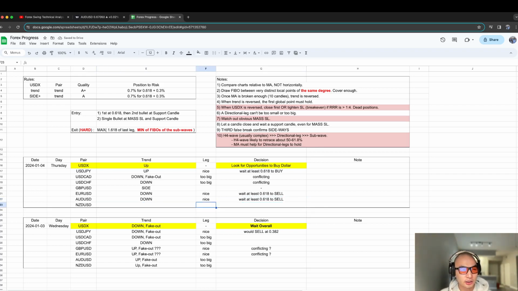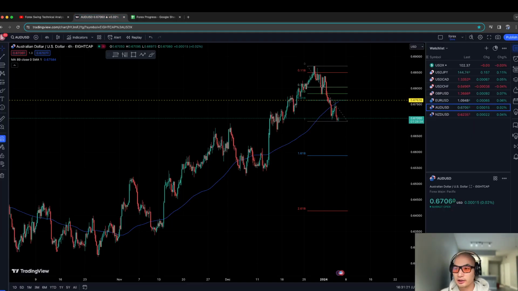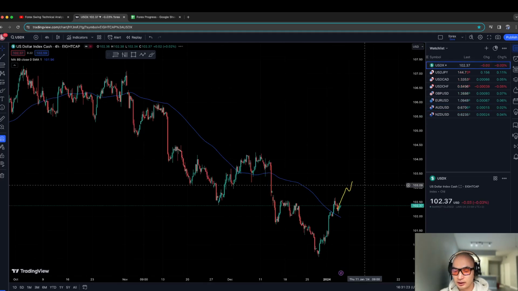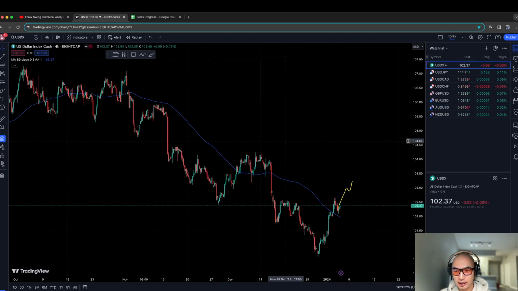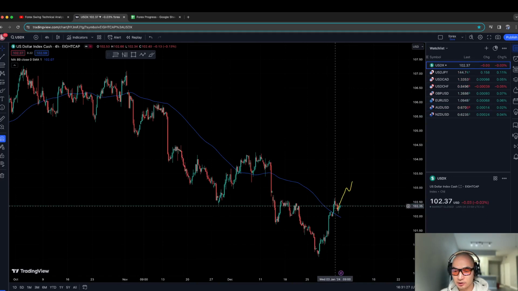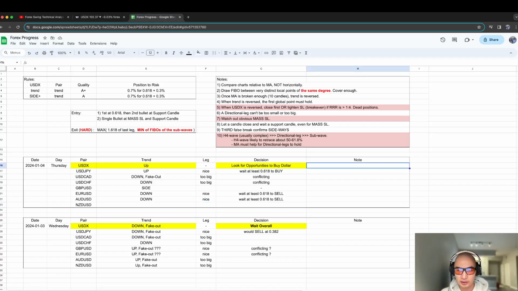So again, for the dollar index, I said I want an ideal strong breakthrough over the moving average, right? Not the ideal. So I'll just put not the ideal break.